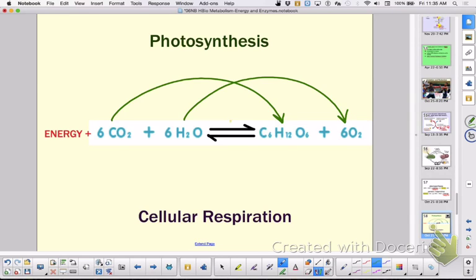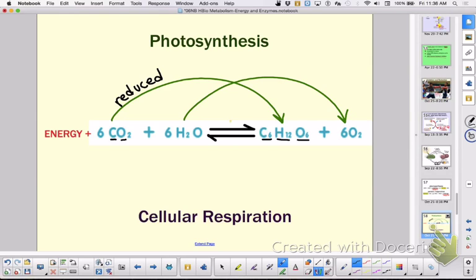So CO2 right here became glucose. Did it get reduced or did it get oxidized? Reduced. And why do you say that? Here it's carbon and oxygen, and here it's what? Carbon, hydrogen, and oxygen. So the CO2 got what again? Reduced.